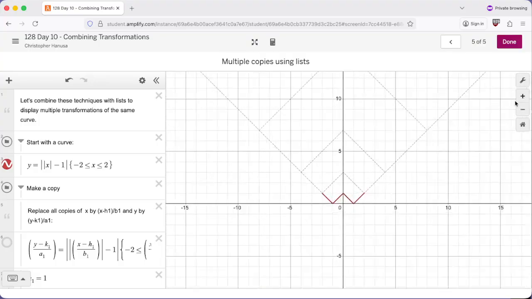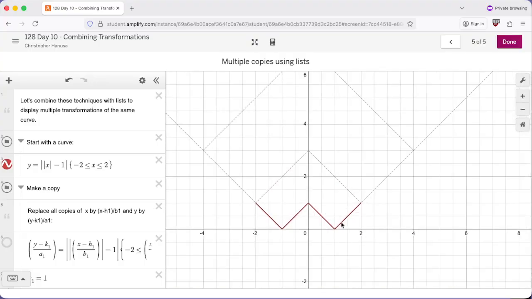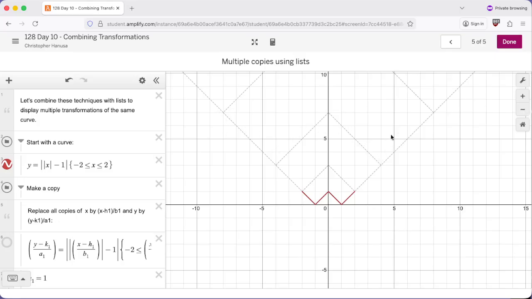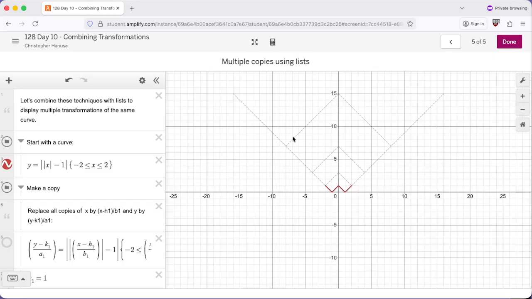I'd like us to make some copies of this w that fill in a pattern. You can see here's another w. And if I zoom out a little bit more, here's another w. If I zoom out a little more, here's another w. I'd like to make a lot of those copies, so I need to dilate, translate, and keep track of all those pieces.